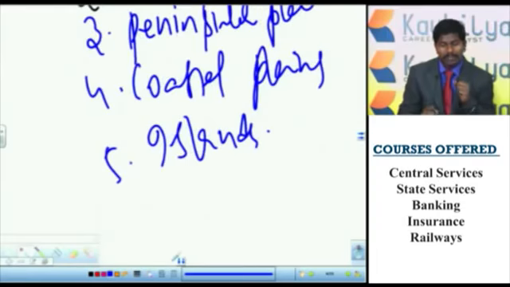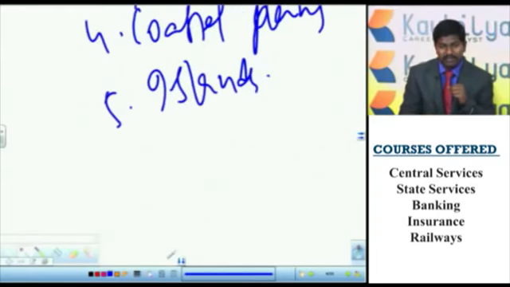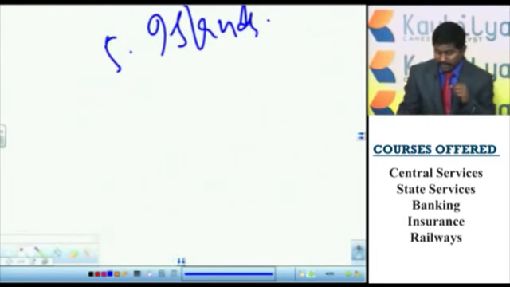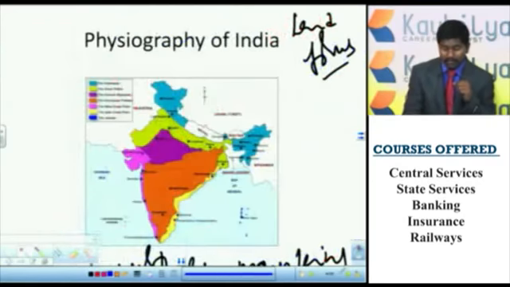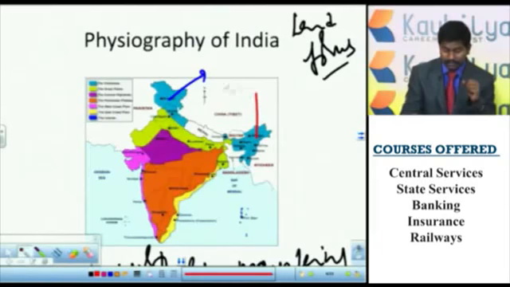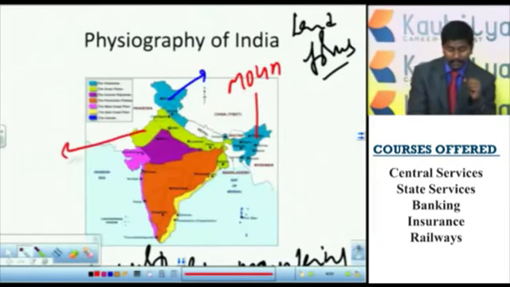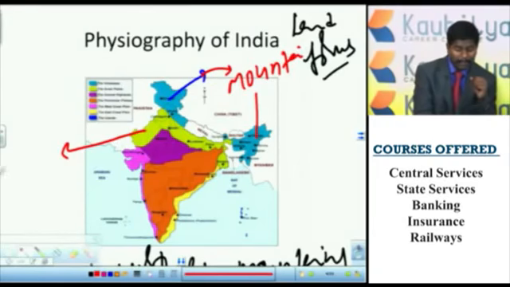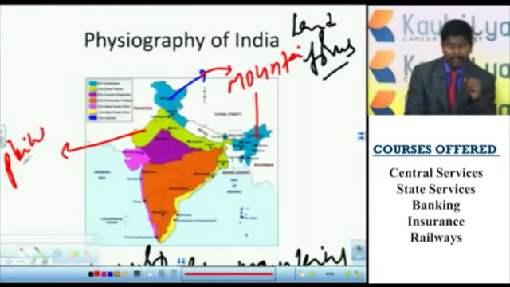Now I am coming to the first physiographic division of India. Look at this picture here. This green color shows the region of northern mountains. This blue color shows the mountain region, and this green color shows the plain areas, the northern plains in India.